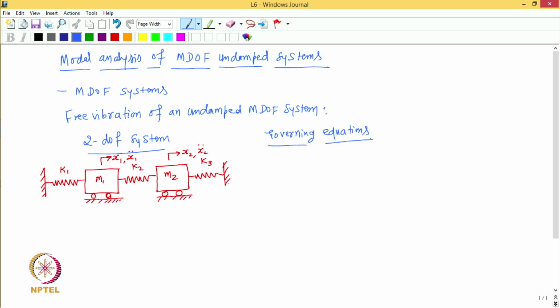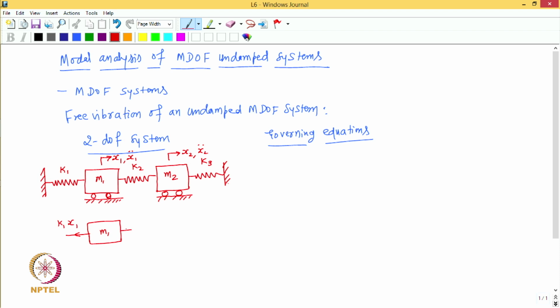So, what are the governing equations of motion of this system? The first thing, of course, is to make a free body diagram of each mass, so that we can write equilibrium of that mass. If you look at mass m1, when it is displaced by amount x1 and mass m2 is displaced by amount x2, then the force on this mass would be k1 x1 in this direction.